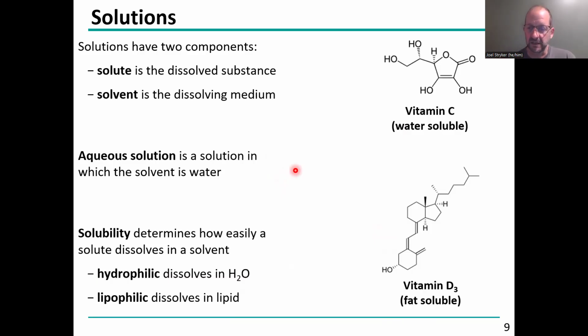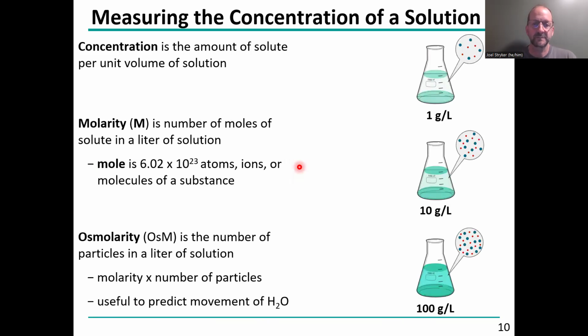Just thinking of that idea of, if a small amount of something is a good idea, a large amount of something is not necessarily better. So for lipophilic vitamins, it's more important to be careful of overdose. For hydrophilic vitamins, it's less important to think about chronic overdosing.